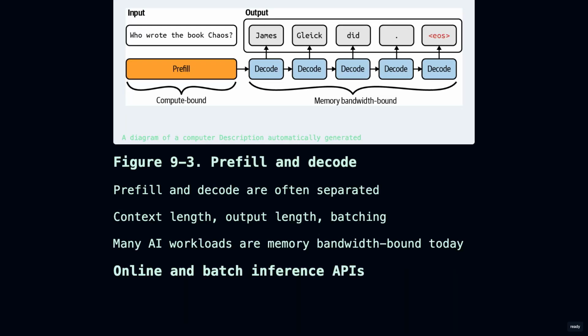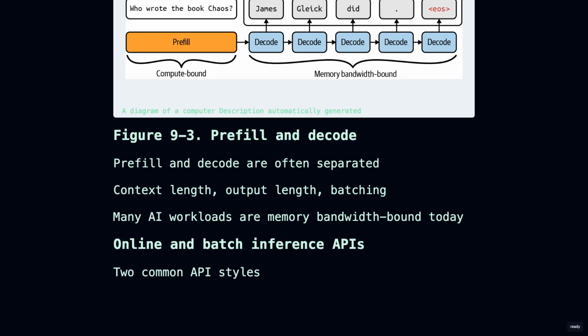Now that we understand bottlenecks, we can talk about how services are exposed to users. The next distinction is between online APIs and batch APIs. Providers usually offer two modes for inference.